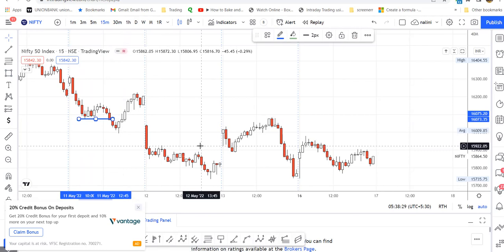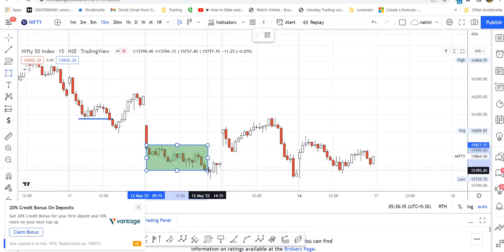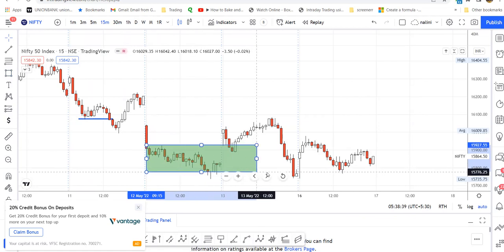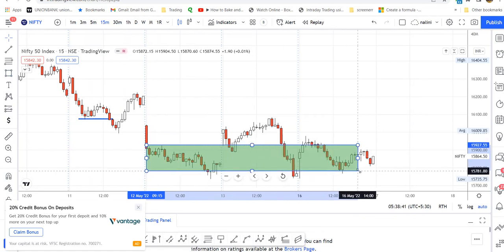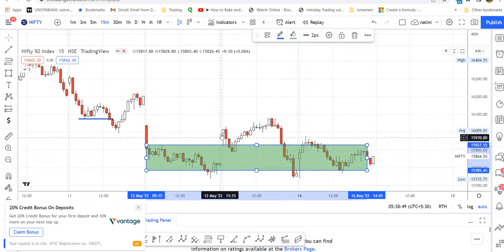Yeah, here also. Yes, you can see in this range, you can see the manipulation here. When you see the manipulation, you drag this. Now, price came down, inducement took place. So on the buy side, you can think of it.